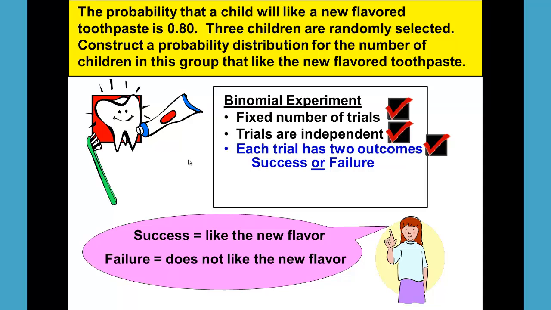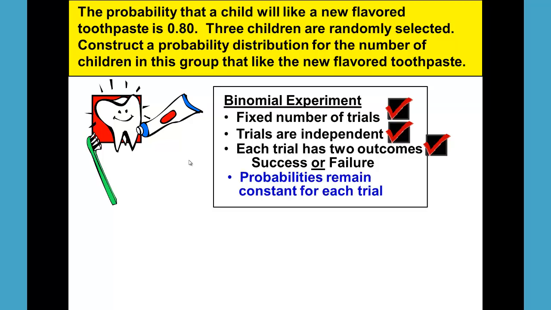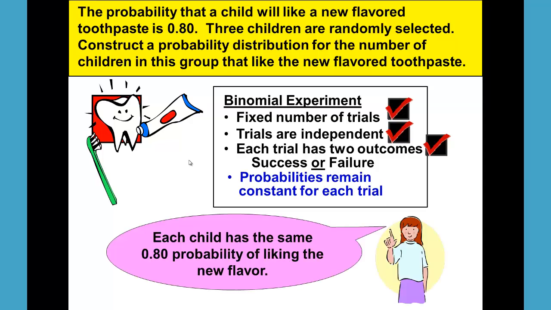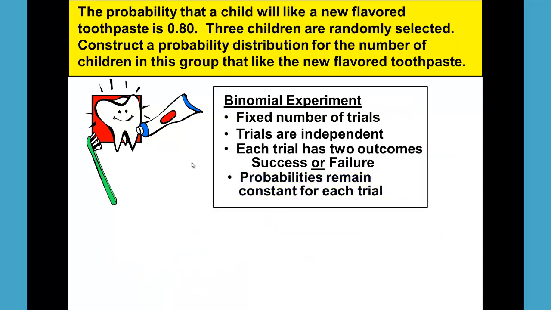So we have 2 outcomes. Check. Our last characteristic is that the probabilities remain constant for each trial. Each child has the same probability of 0.80 of liking the new flavor. So that checks off the 4th characteristic.